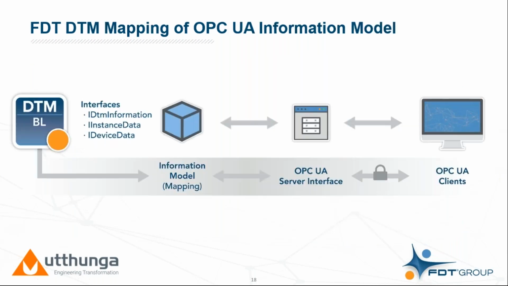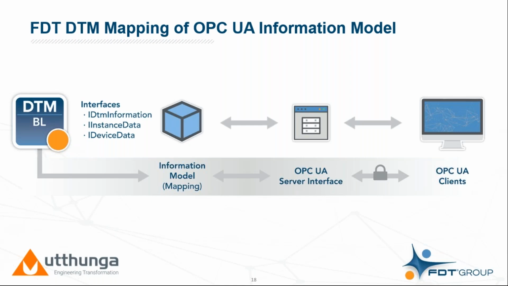So specifically for the FDT standard, here's what happens under the hood, if you will, just briefly. We have these DTMs that are written by the device vendors. Inside these DTMs is the business logic that controls all the activity of that device driver. That business logic supports a number of interfaces that I showed you earlier, required by the FDT standard.